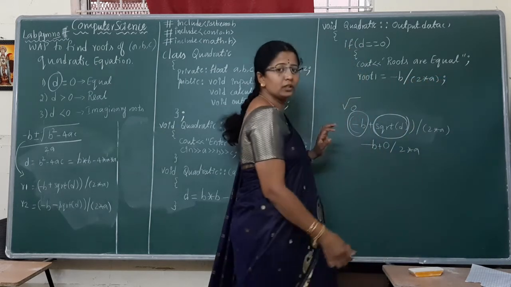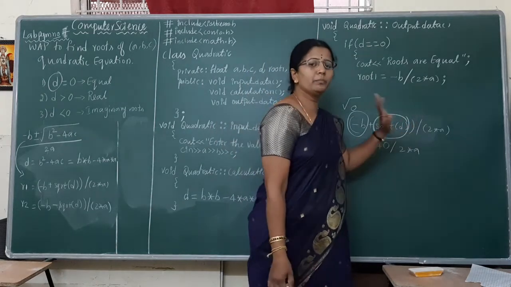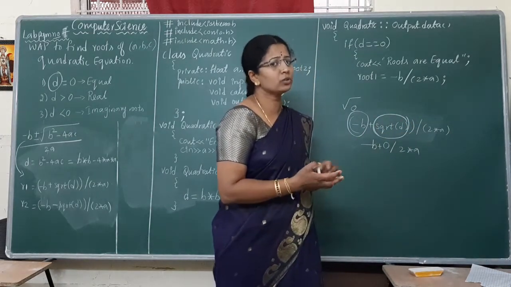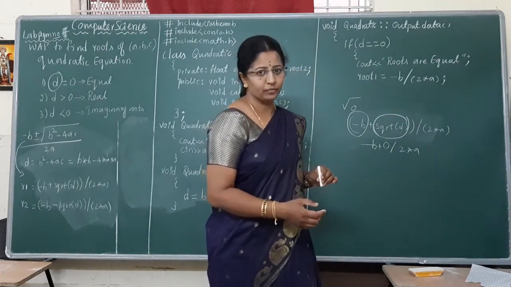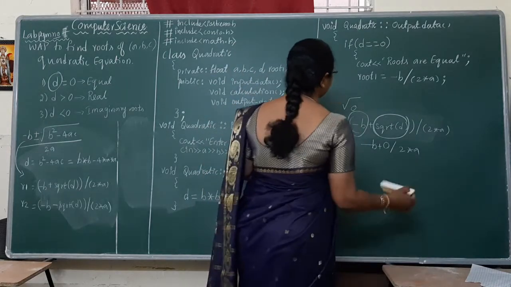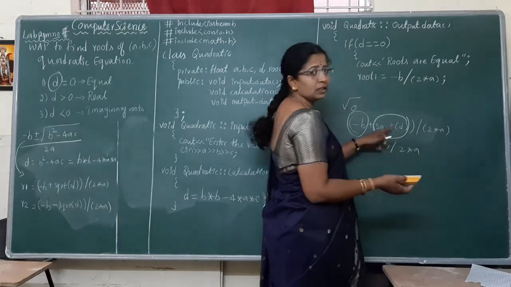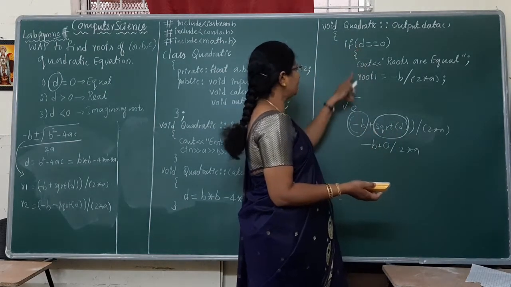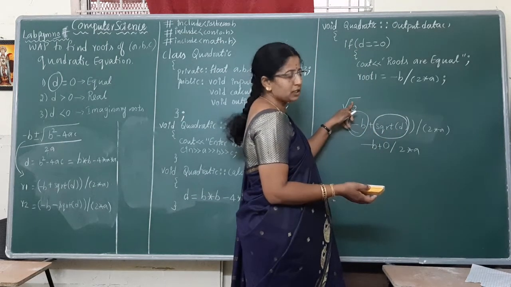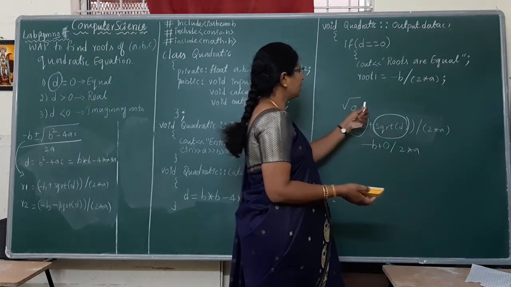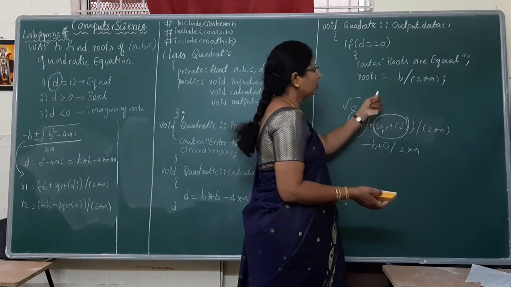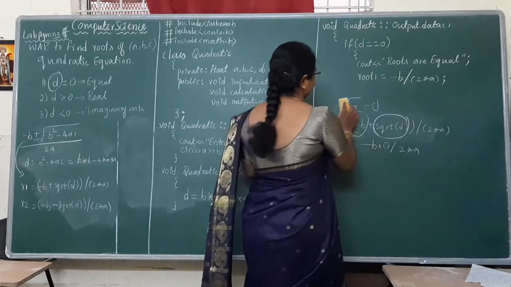Square root may not be required; if you write it, it also doesn't matter. Understood, students? Why have I not written the square root of D? D value is 0, and square root of 0 is equal to 0. So no need to write the square root.